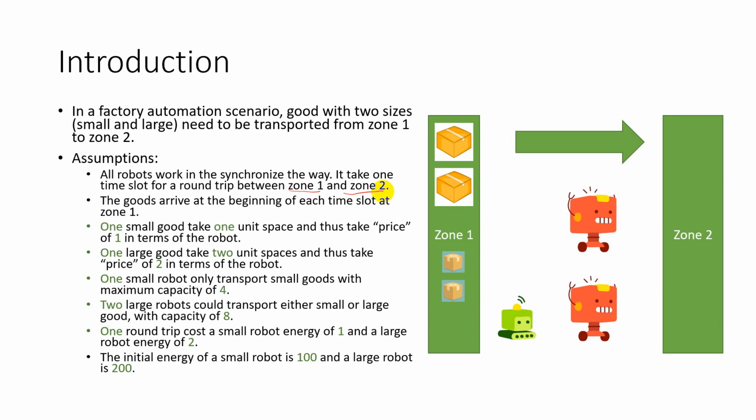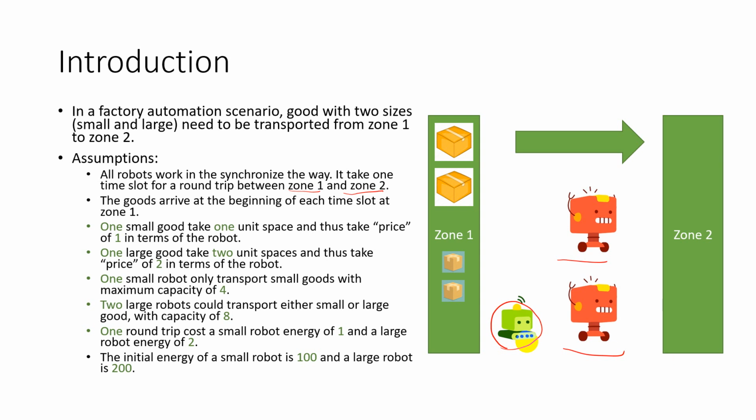There are 3 robots in total, 1 small robot and 2 large robots. The small robot can only take the small products, and each small product takes 1 unit of space in the small robot.